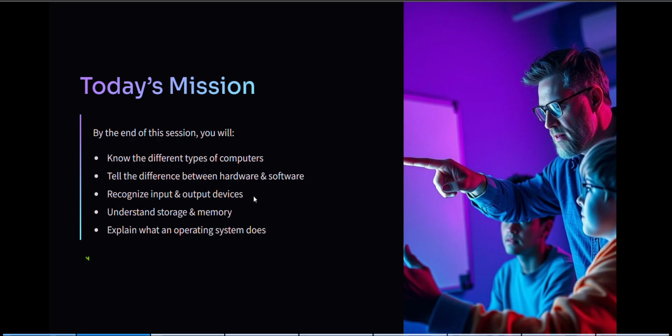You are able to tell the difference between what hardware is and what software is. You're able to recognize input and output devices, right? And you understand the difference between storage and memory, and you are able to explain what an operating system does in a computer. All right.